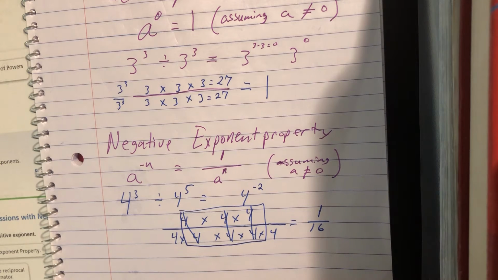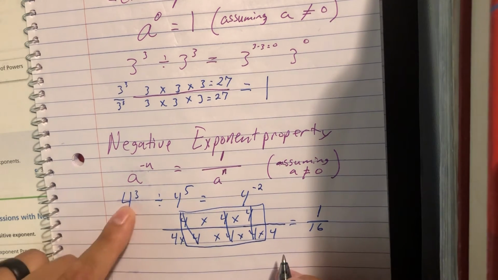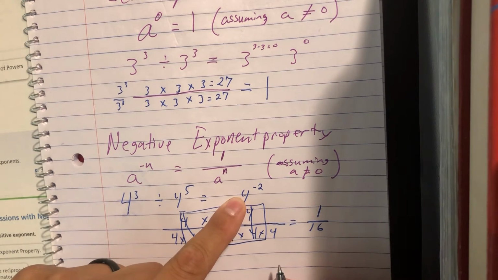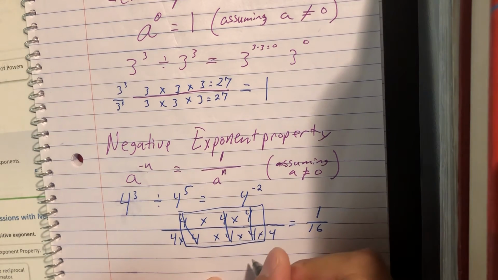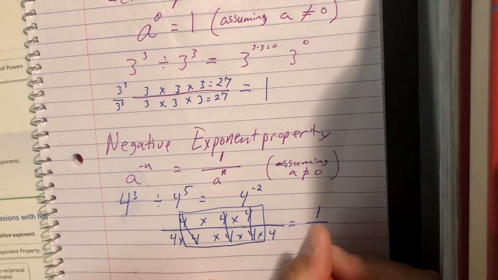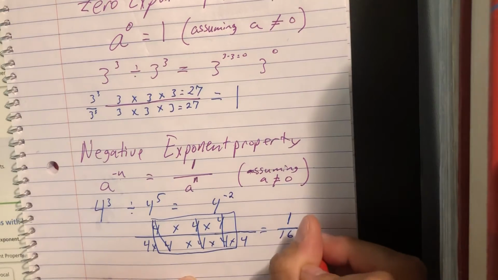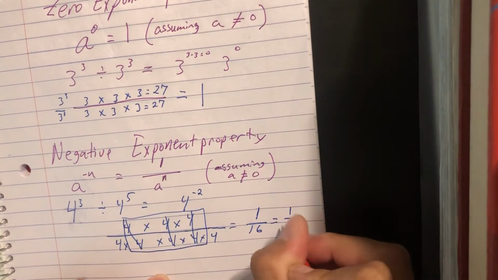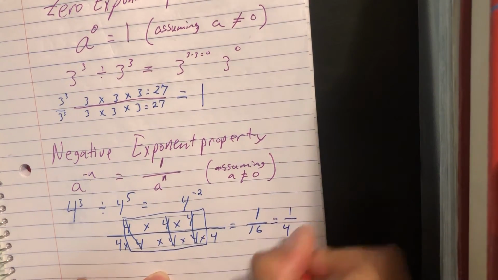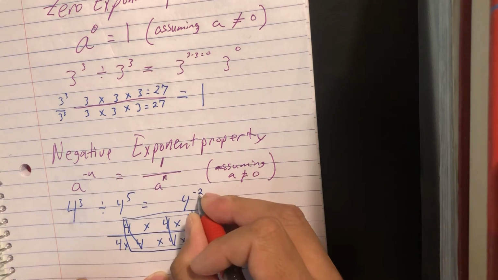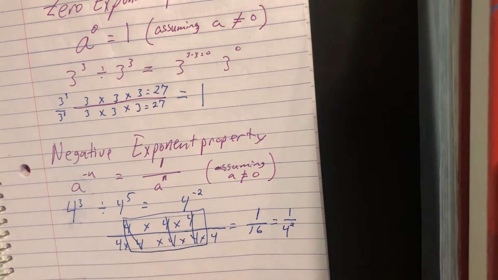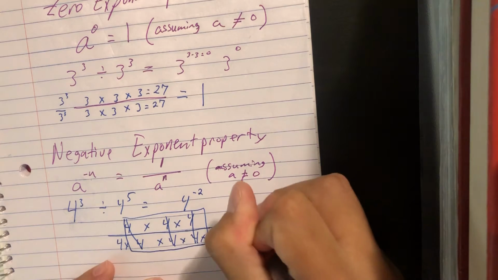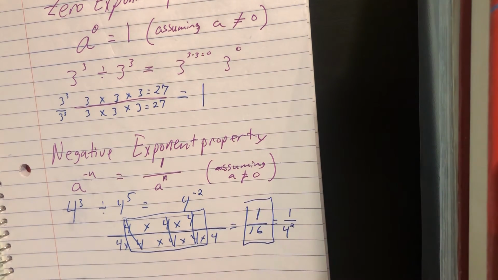So we have 1 over 16, which, if we look back, should just be 1 over 4 to the, now make that negative a positive, second, which is also 16. So 1/16 is the answer.